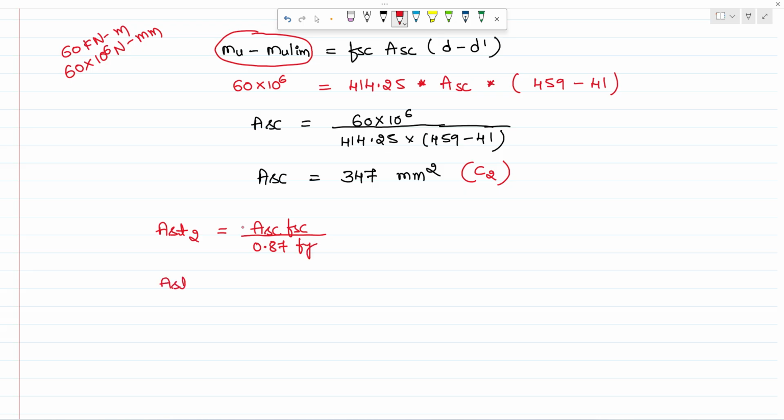So your AST2 will be ASC 347 multiplied by FSC, which is 414.25, divided by 0.87 into Fy. Fy is 500.